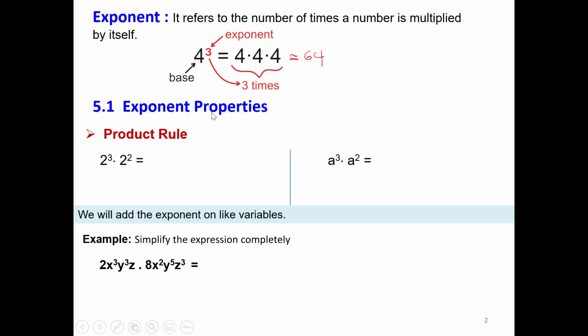If we apply the concept of the exponent, 2 to the third equals 2 times 2 times 2, and 2 to the second will be 2 times 2.